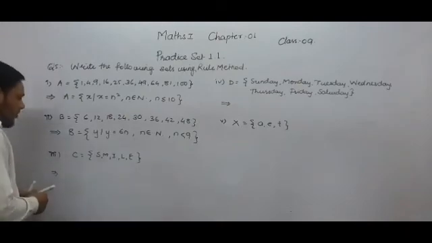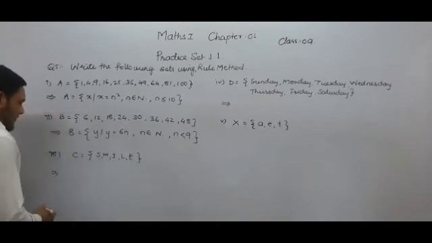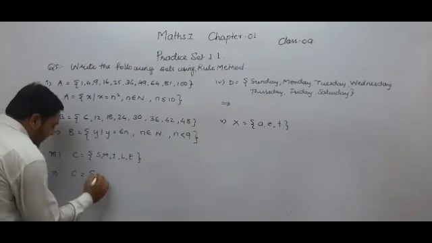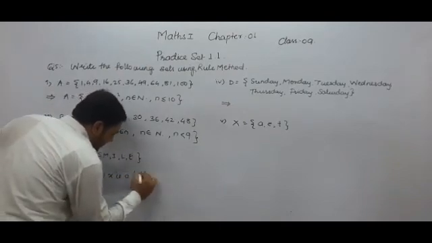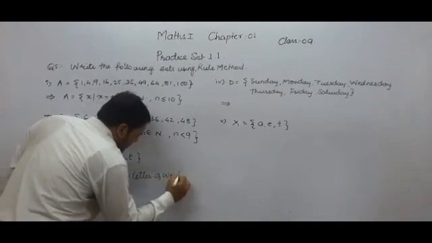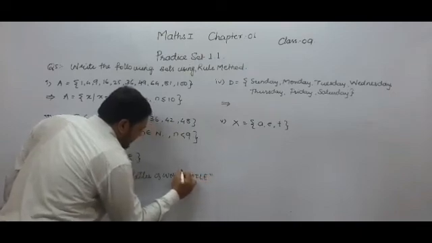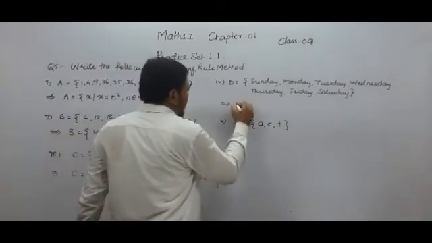Now next, C is equal to curly bracket smile. These are the letters of the word smile. So C is equal to, we will take one general element x such that x is a letter of the word smile. Now student, this is very easy, which we have studied in the previous question.